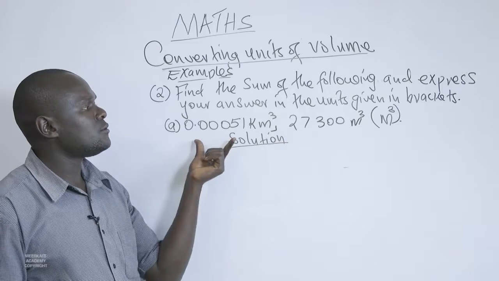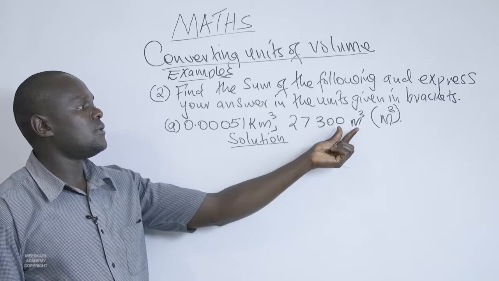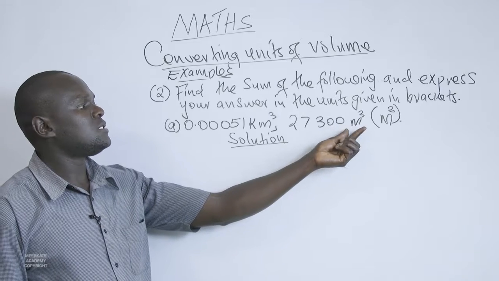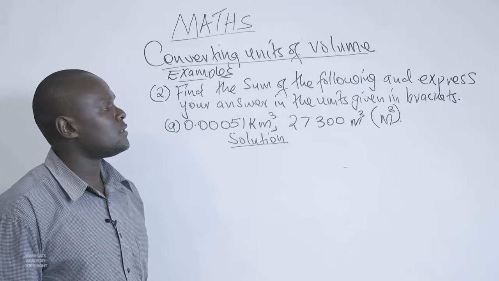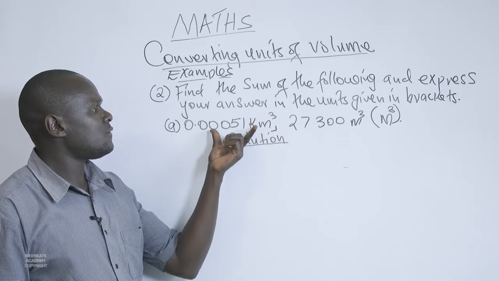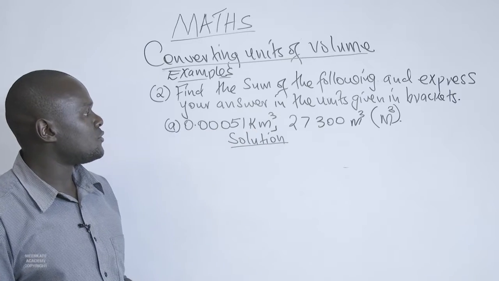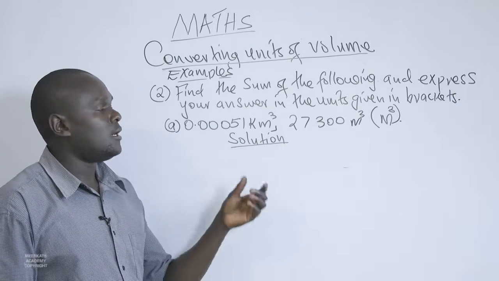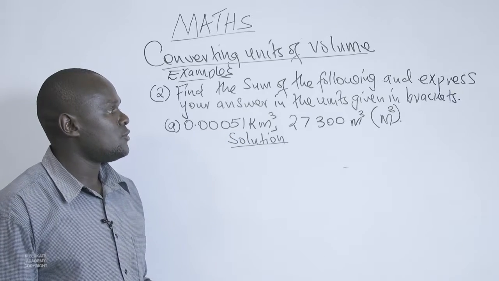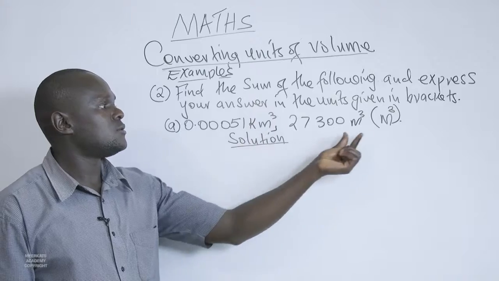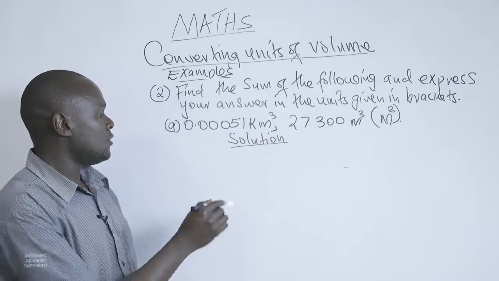Looking at the two values, one of the values, 27,300, its unit is in conformity with the units we have in brackets. But this first figure, which is 0.00051, the unit to this value is in cubic kilometers. So we need to convert this to cubic meters before we perform the addition.